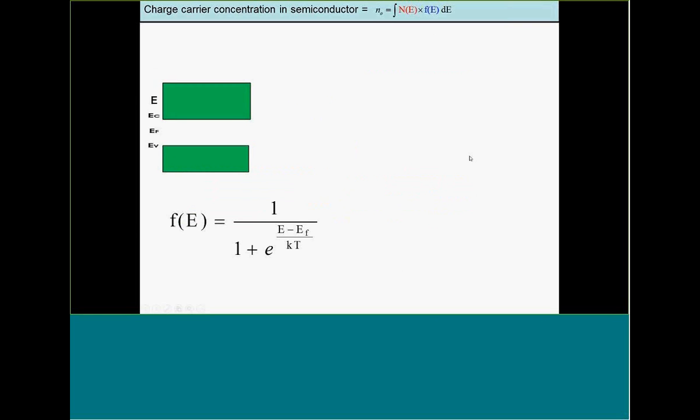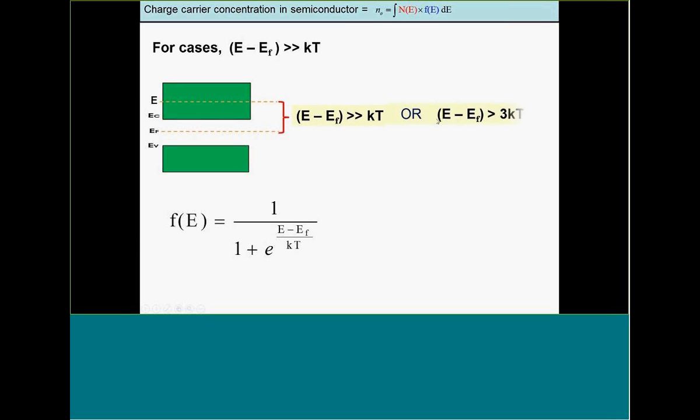Okay, now, for cases where our energy level minus the Fermi level is much greater than kT, or to make it simple, E minus EF is greater than about 3 times kT, it's possible for us to approximate this Fermi-Dirac probability into something simpler.